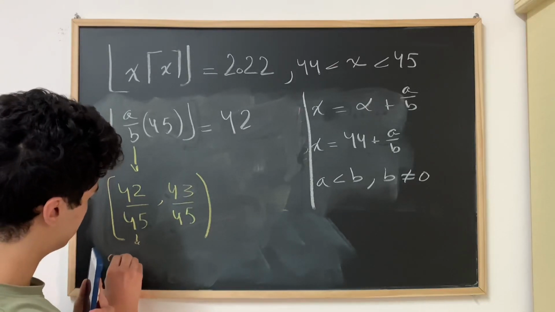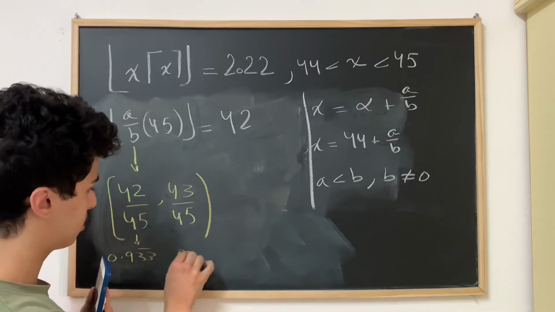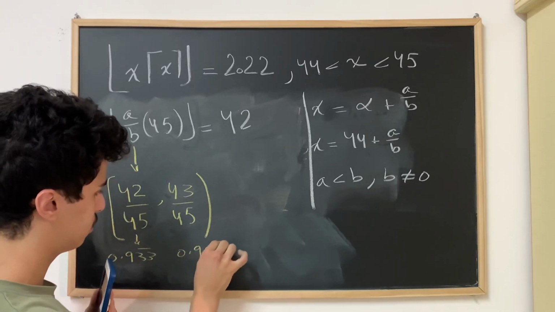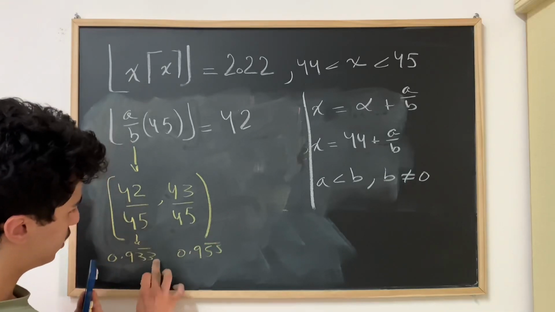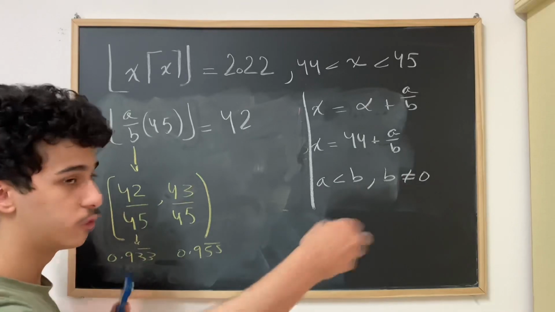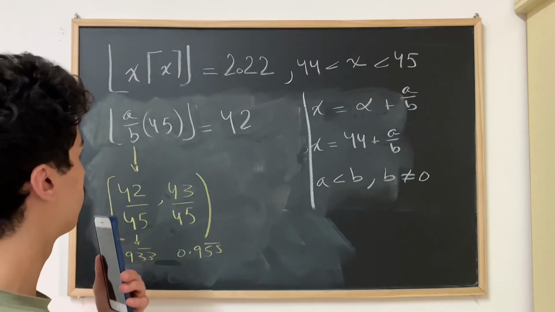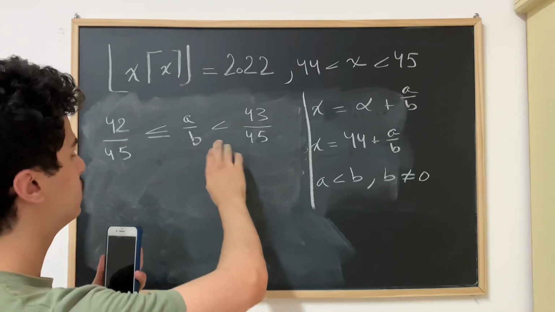This is approximately 0.93 repeating, and the other one is 0.95, also repeating. So anything between these, such as 0.94 or 0.9444 and so on, will give you 42 when you use the floor function. Okay, so now we have the inequality for a over b.